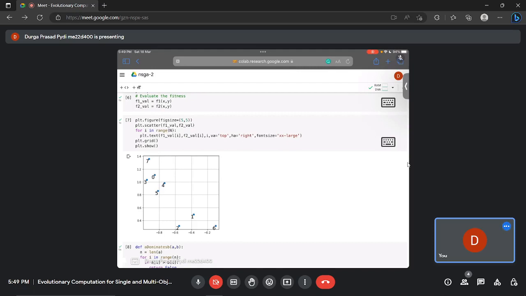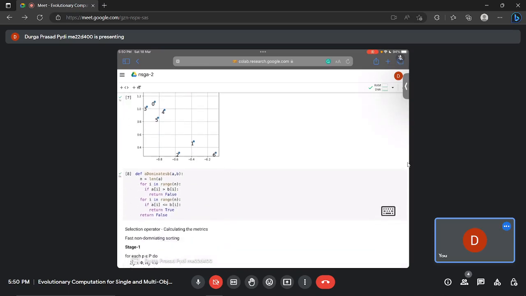This is the 0th individual. All your individuals are spread out. When initializing my population, I take them from a uniform distribution, so if I were to plot the search space, they would be uniform. But in my objective space they span an entirely different region, because after applying the function their distribution changes. So these are my initial solutions.